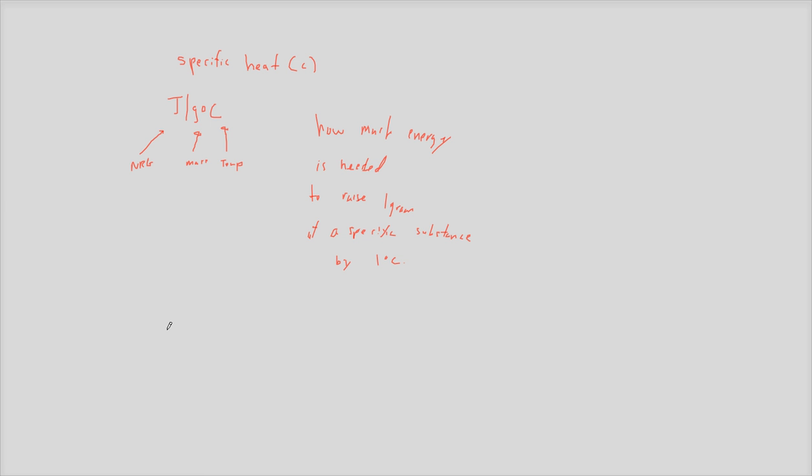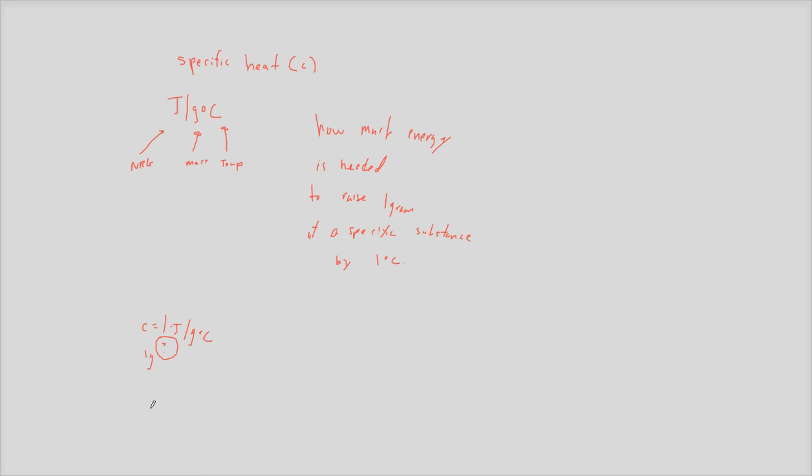So if I had something here, I don't know what it is, doesn't matter, and say its specific heat is 1 joule per gram degree Celsius. All that's saying is that you need 1 joule to make this thing go up by 1 degree Celsius per gram. So let's say it's 1 gram.